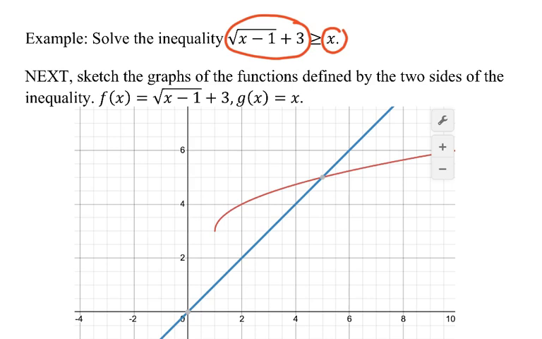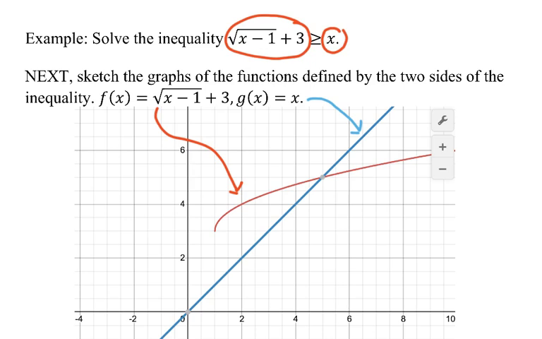But I graphed them using Desmos, a computer program that's free that draws beautiful graphs. The red graph here is the graph of the function I've defined by f, and the blue graph is the graph defined by g. And you may recognize those from past experience graphing.